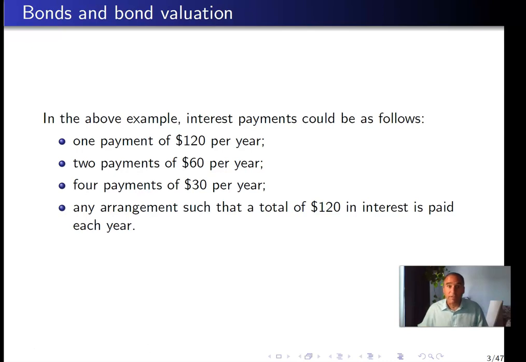If the bond specifies a 12% annual interest rate, this could be a single payment of $120. There could be two payments of $60 or four payments of $30, depending on when the coupon payments are made and the frequency of these coupon payments specified in the contract between the borrower and the lender that we call the bond.